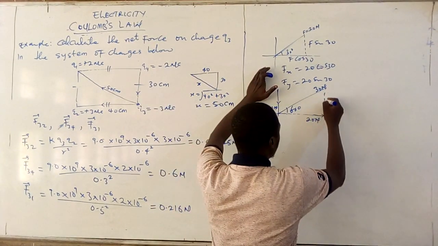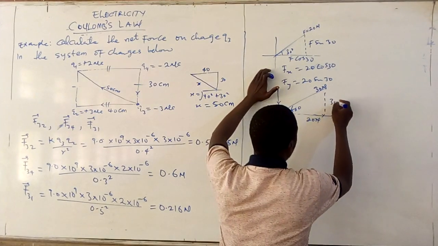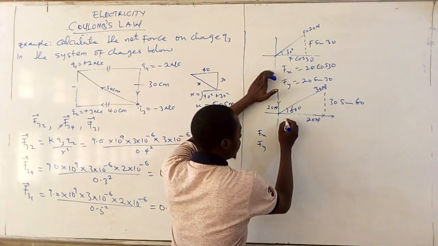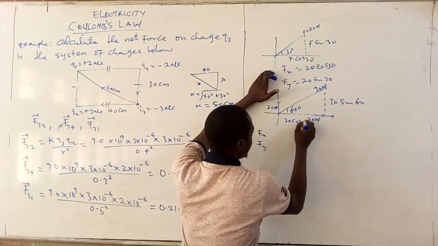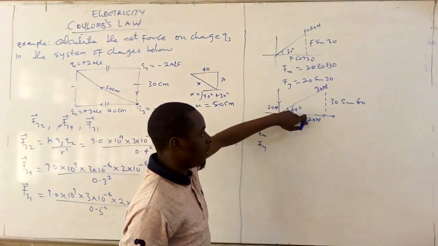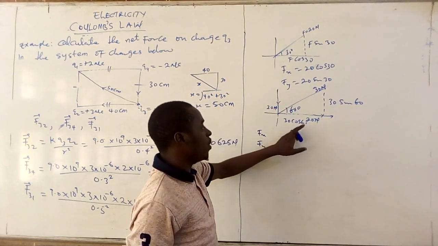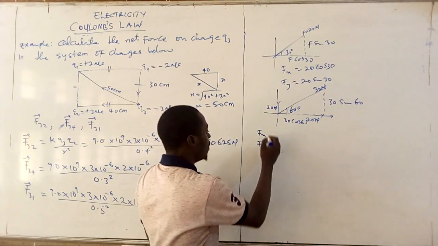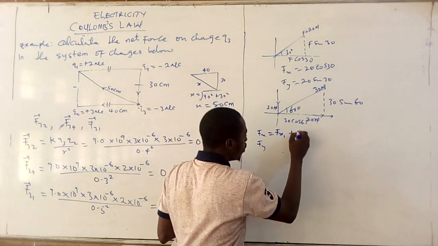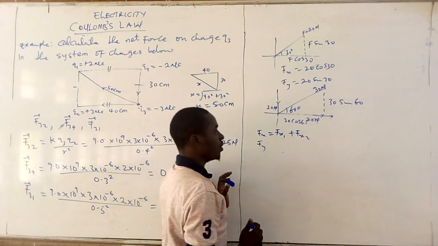If I resolve this into the vertical, I'm going to have 30 sin 60. Then the other will be 30 cos 60. But originally there is a force in the horizontal, so I consider the two together. It means Fx will be equal to Fx1 plus Fx2, depending on the direction.